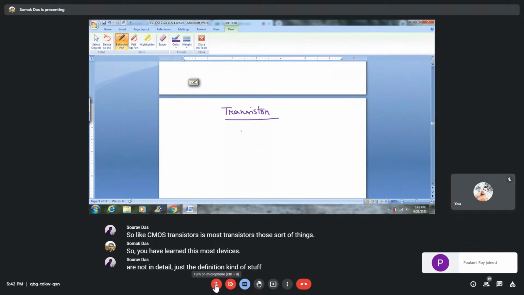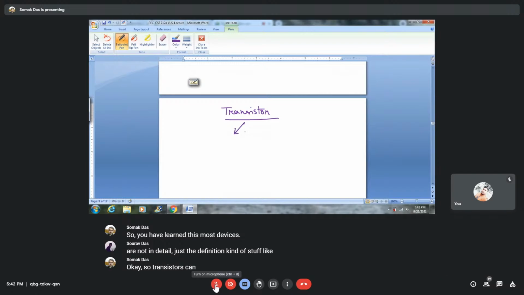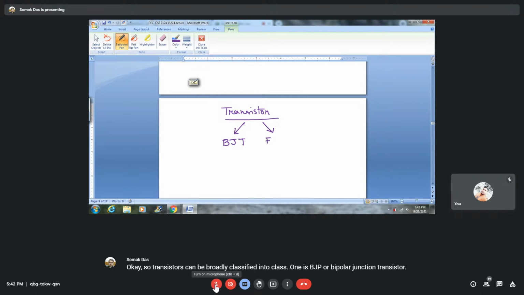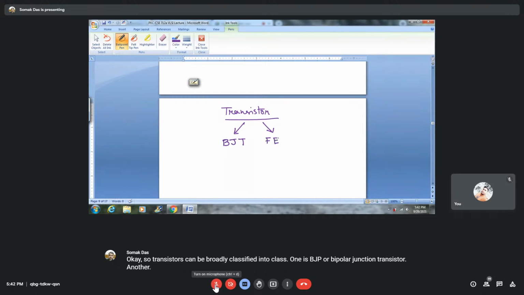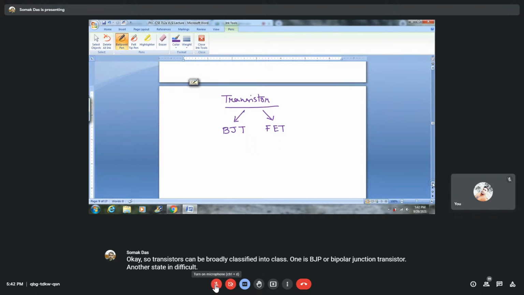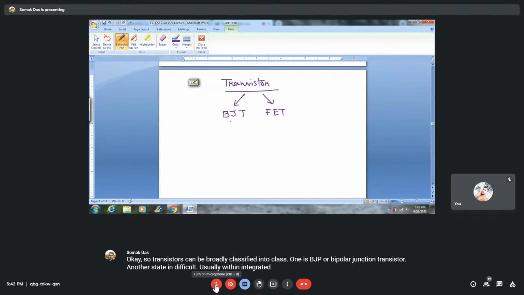Okay. So transistors can be broadly classified into two classes. One is BJT or bipolar junction transistor. Another is field effect transistor. Usually within integrated circuits, we do not use bipolar junction transistors.